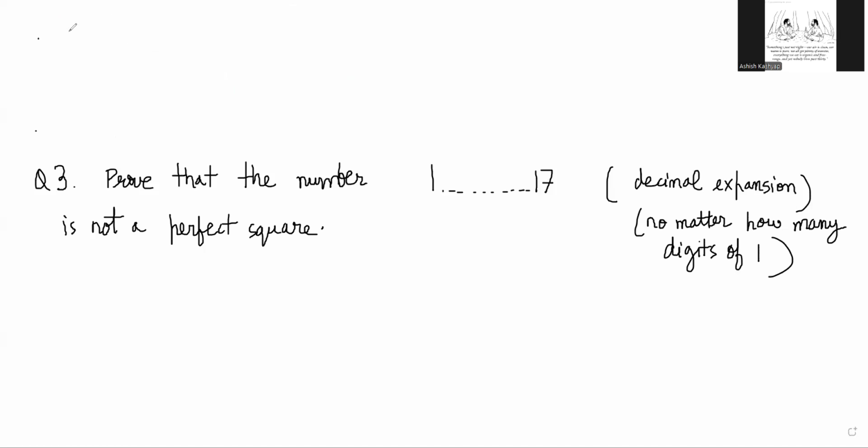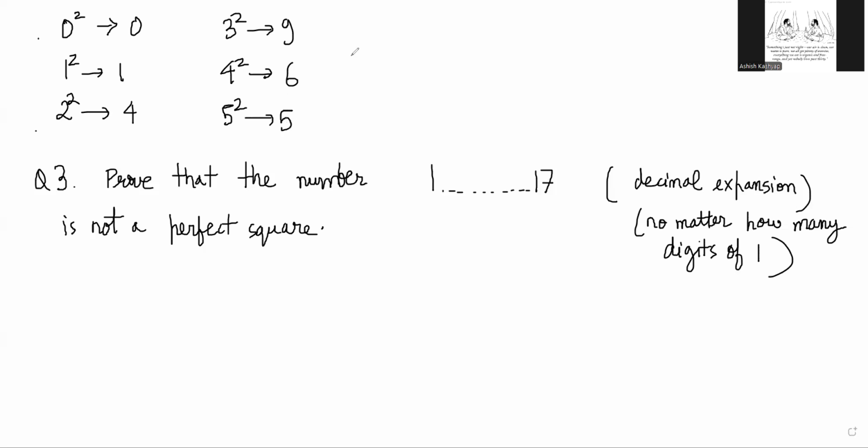That's correct. So only the last digit matters here, and all the perfect squares, if you see, if the number ends with 0, 0 square ends with 0. 1 square ends with 1, 2 square ends with 4, 3 square ends with 9, 4 square ends with 6, 5 square ends with 5, 7 square also ends with 9, 8 square ends with 4 again, and 9 square ends with 1 again.